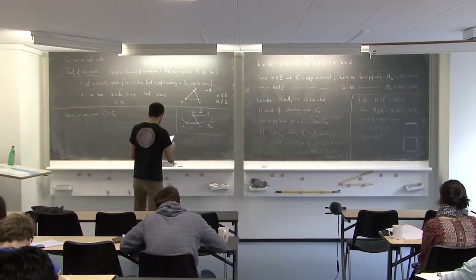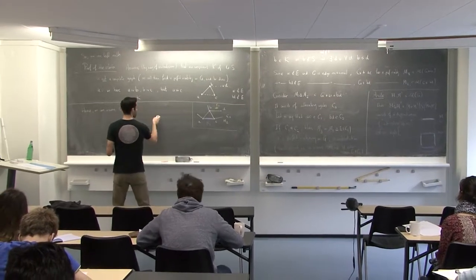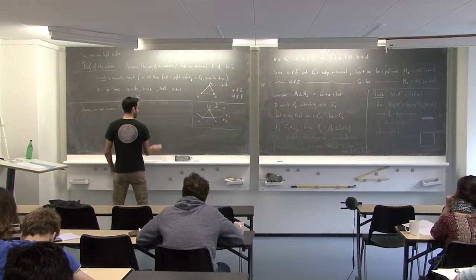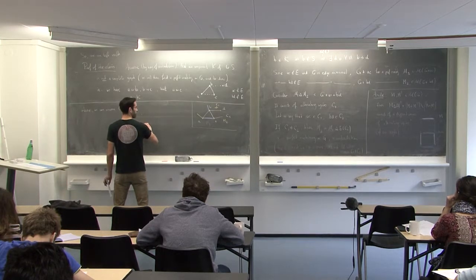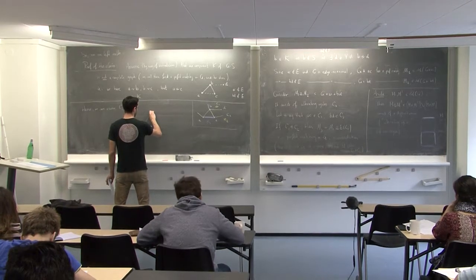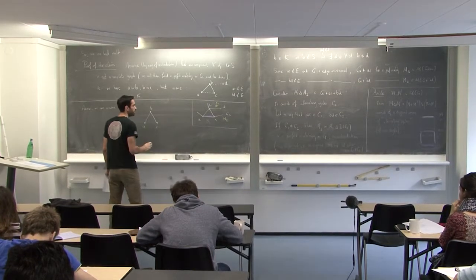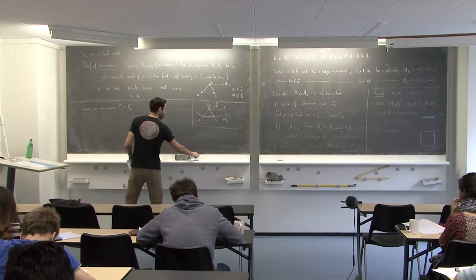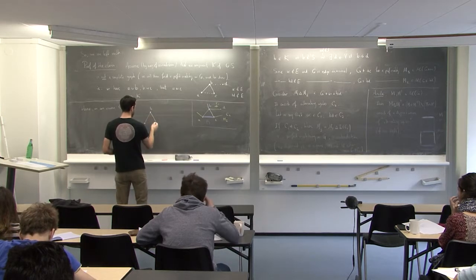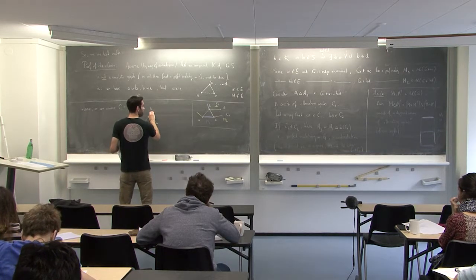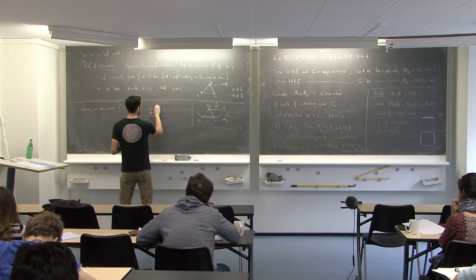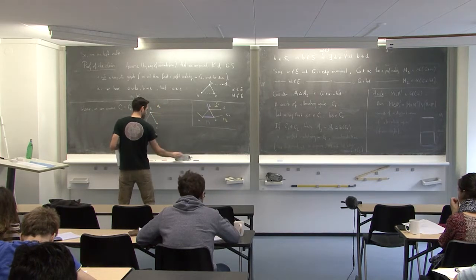And let me make the relevant drawing. So again, we have A, B, C, and what happens is we can start at B, BD here. So this is M2.